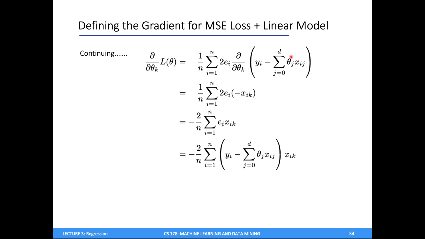Here, the only term in this summation over j that depends on theta k is the actual kth term in this summation. So it's theta k x sub ik. And if we differentiate theta k x sub ik with respect to theta k, you'll be left with just a negative x sub ik.